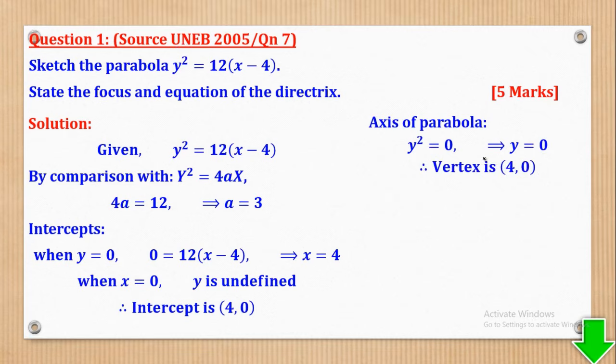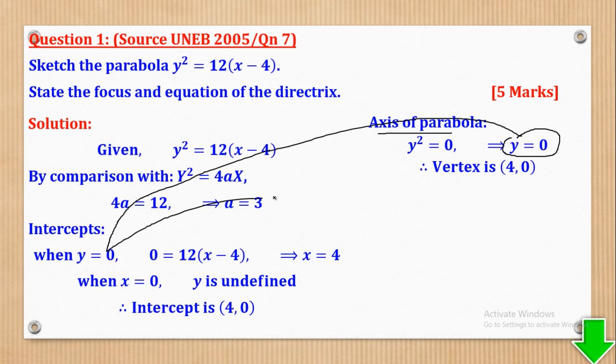Now remember we said the vertex is the point where this line of symmetry cuts the parabola. At that point we'll have y equal to 0, and the good thing is we already saw that when y is equal to 0, x is 4. Therefore, we don't need to go through this step.